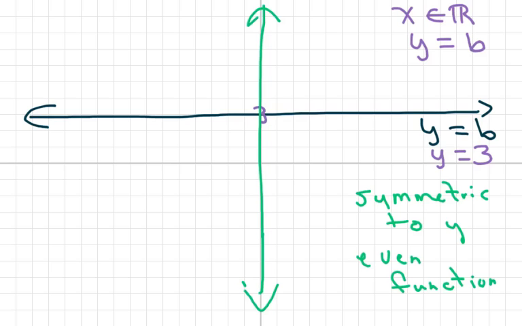Okay? And we're going to just look at this here. Is it 1-to-1? No, it's not 1-to-1, because it fails the horizontal test at every point here. It's not 1-to-1.